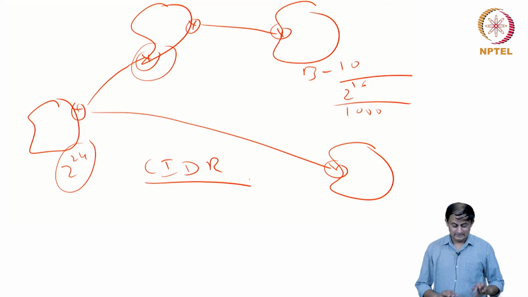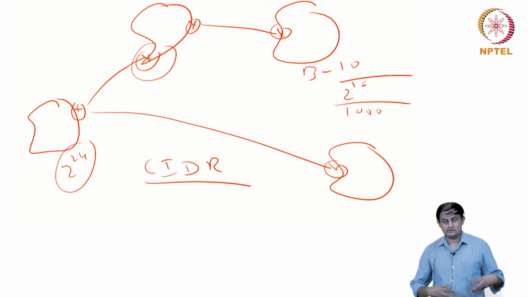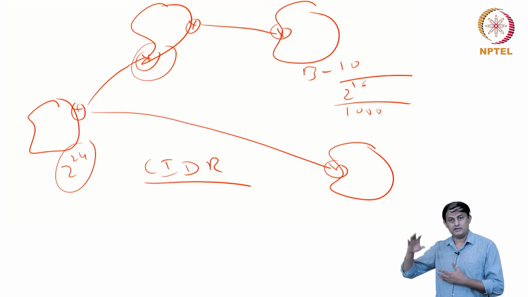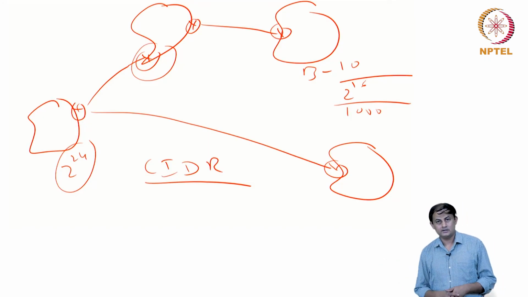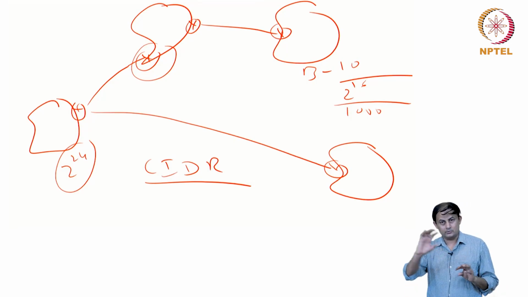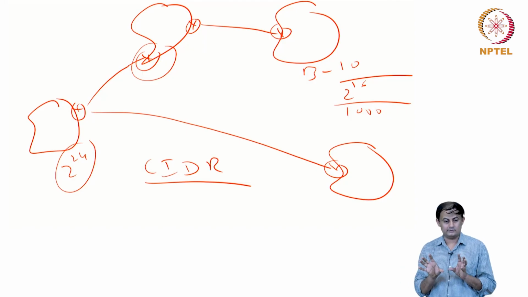So, every autonomous system or every network has to decide, depending upon the number of hosts that are going to be part of that network, what portion of the 32-bit IP address I am going to reserve for the host component, and what portion I am going to reserve for the network portion.